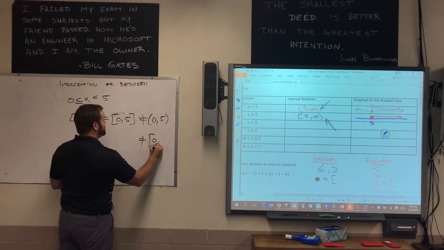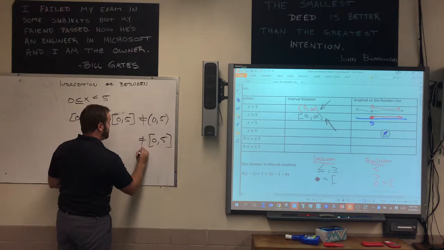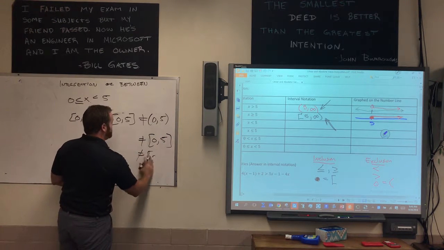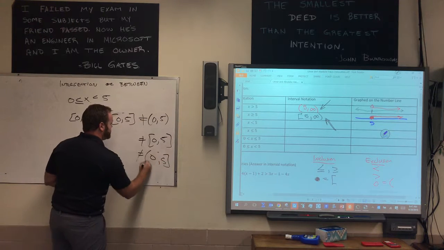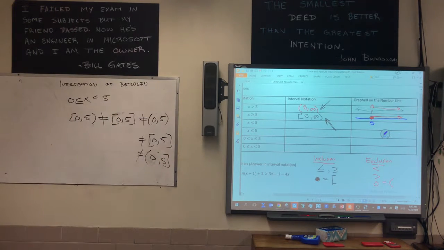Bracket 0, bracket 5, not equal to bracket 5, 0. They all start with 0, they all end with 5, right? But the bracket or the parentheses tells me something completely different. Each one of those has either one more or one less solution, or maybe one more or two more or less solutions than the other ones. And that's a big deal.